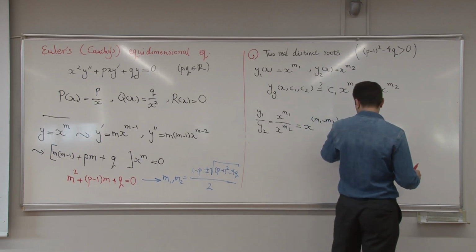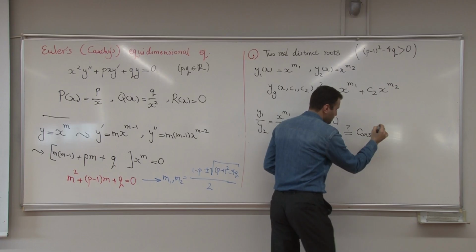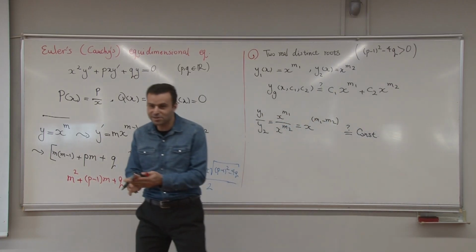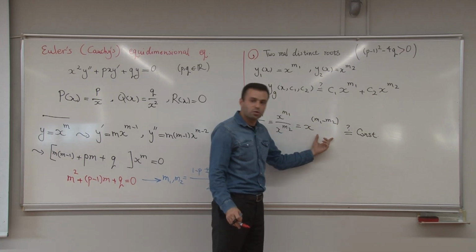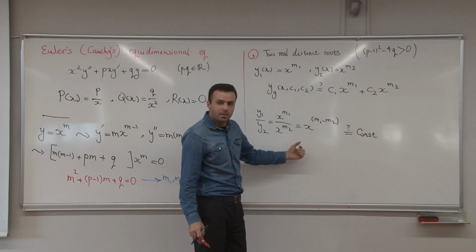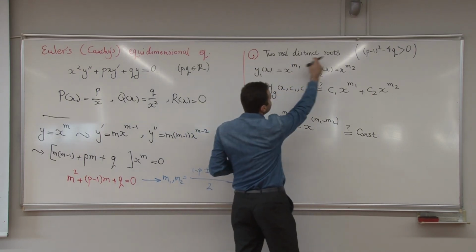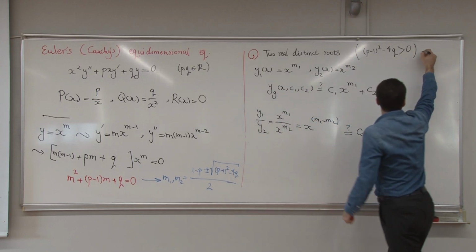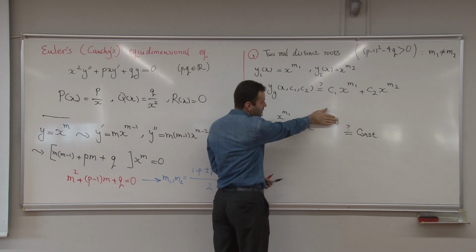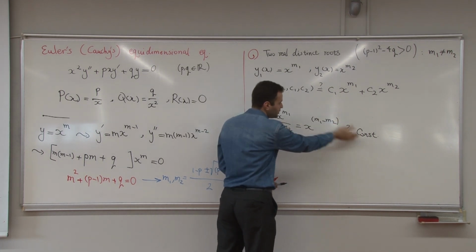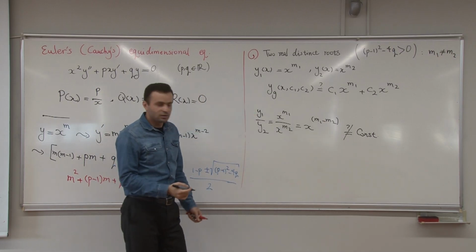Is it constant or not? It can't be a constant because m1 and m2 aren't equal. We have two real distinct roots, which means that m1 is not equal to m2, which means that this is not 0, which means that this is not 1, which means that this is not a constant. So this one and this one are linearly independent.